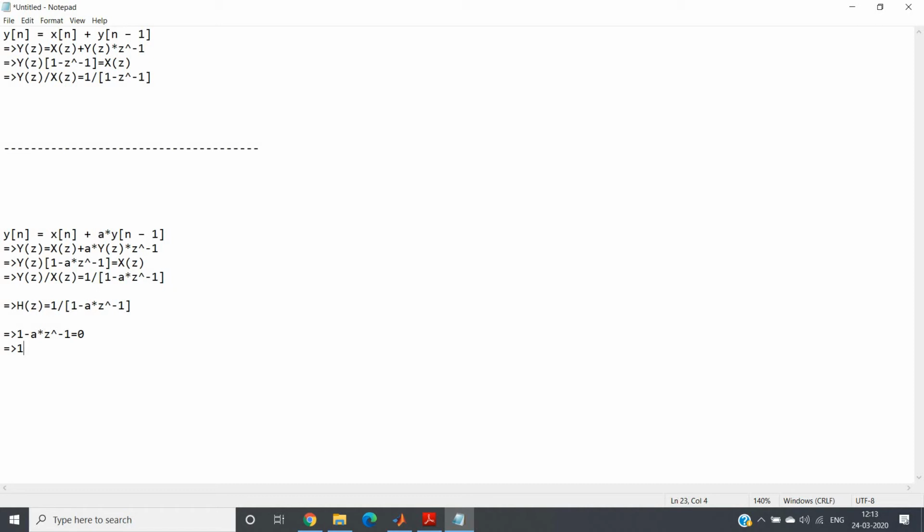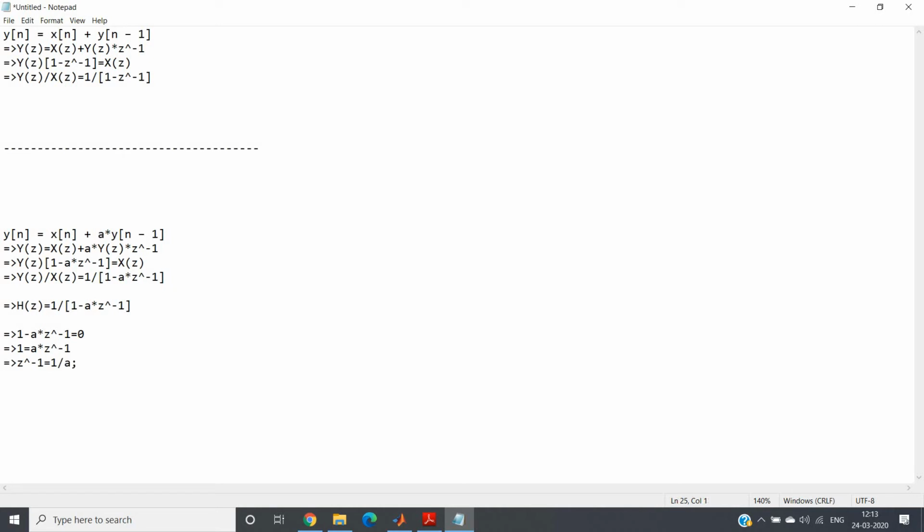From here we get 1 = a·z^-1. Now we can simplify it further: z^-1 = 1/a.